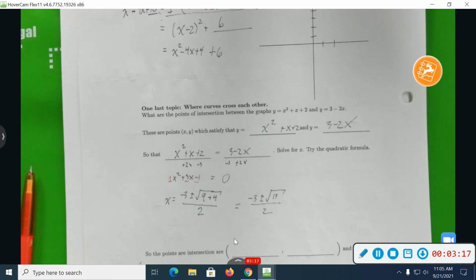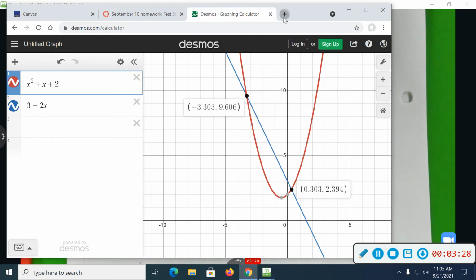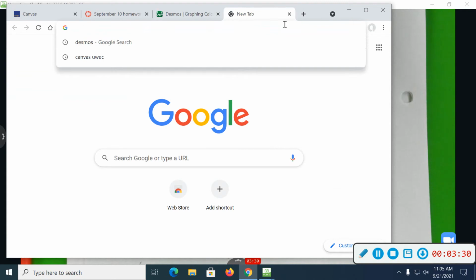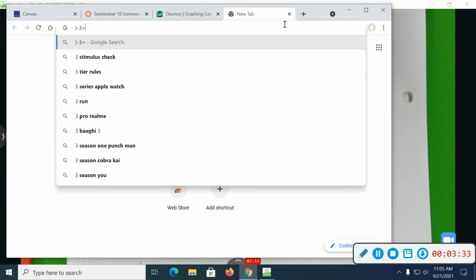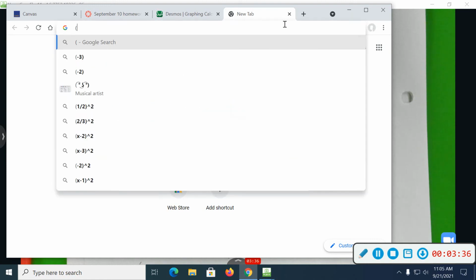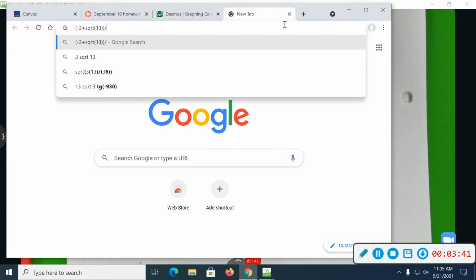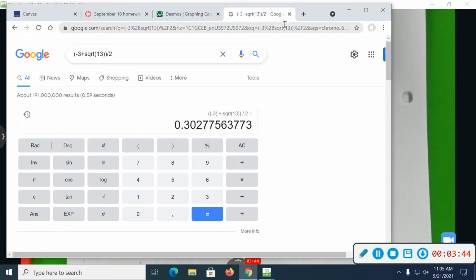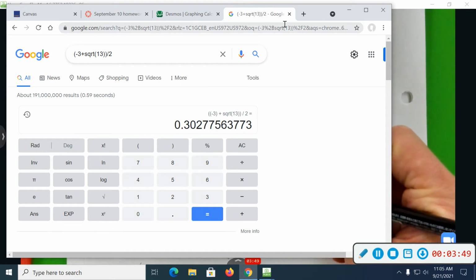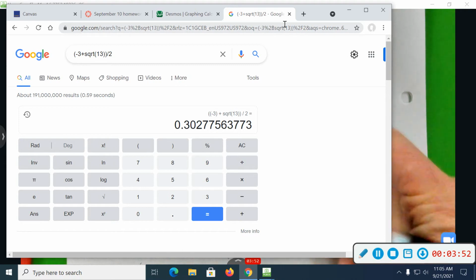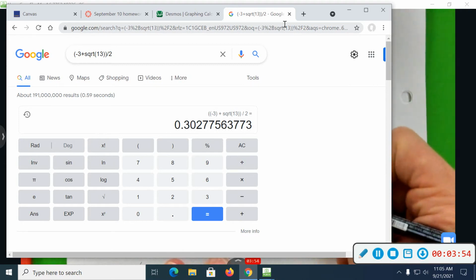Alternately, does anyone notice anything that I screwed up? So that's possible too. Nice. And then, if you want to know what those two x values are approximately, let's approximate them. Point 303.